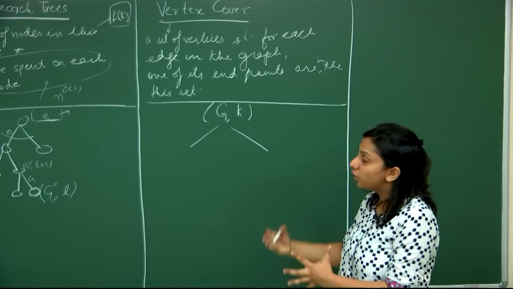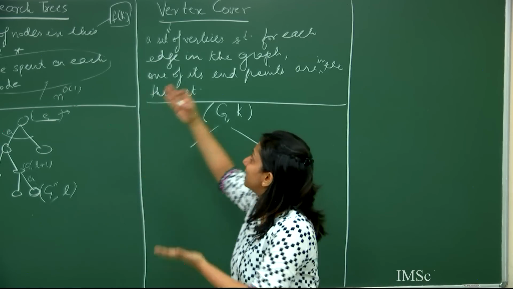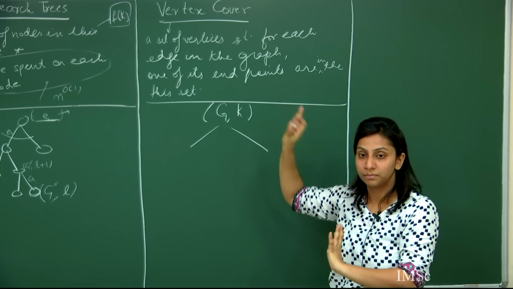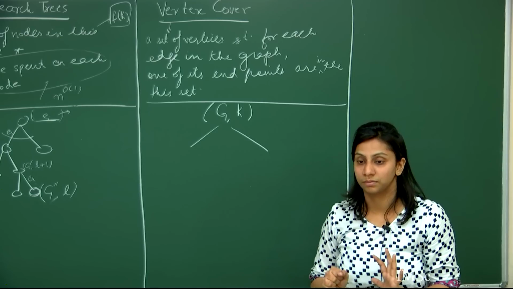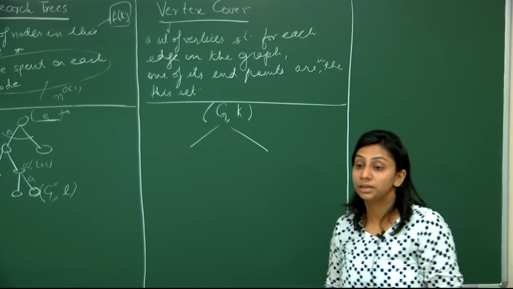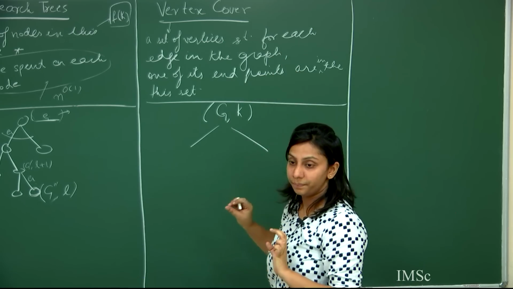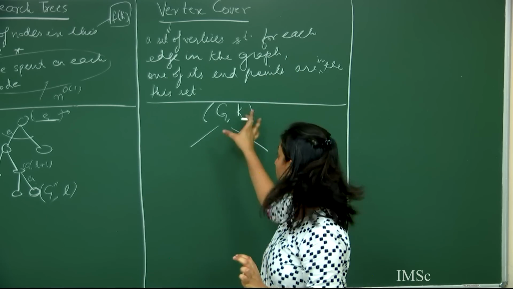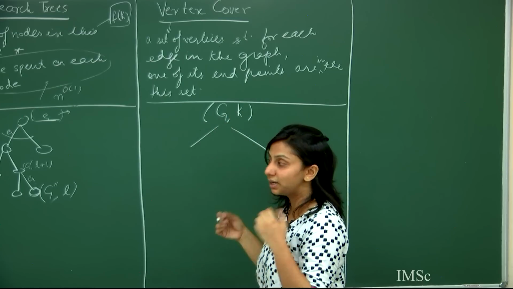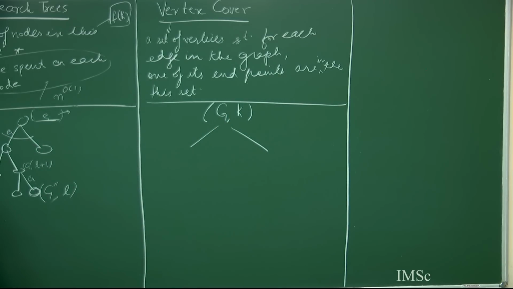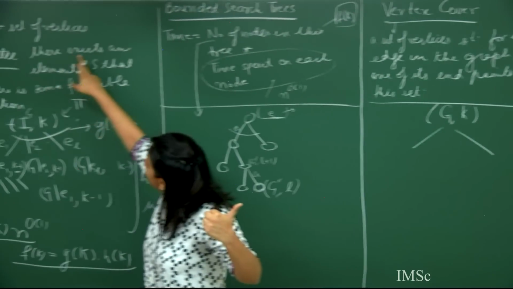So what could possibly be a set S in this framework of the vertex cover problem? I'm saying this is a vertex cover problem, and this is the instance that I'm starting with. Now I want to branch somehow on this instance.